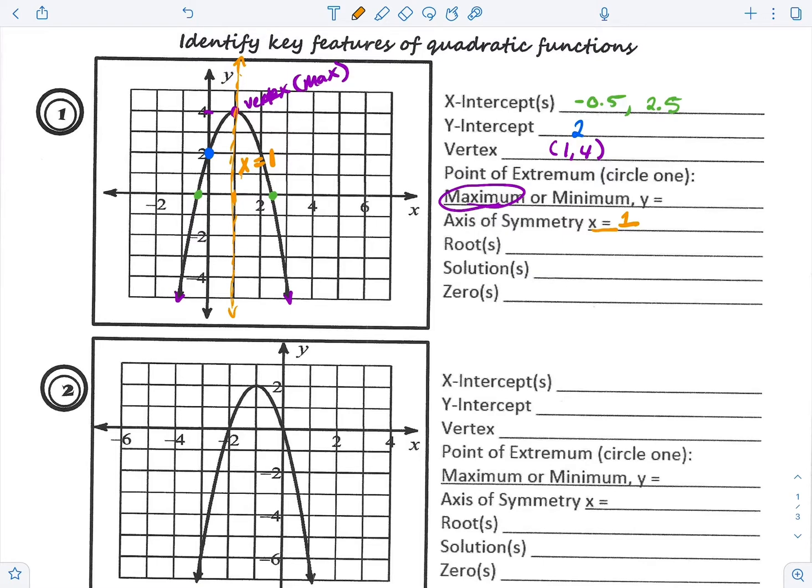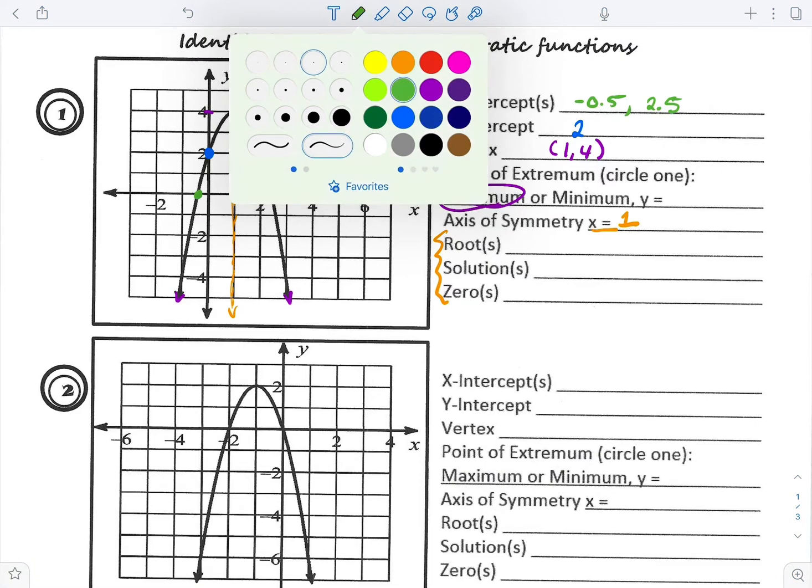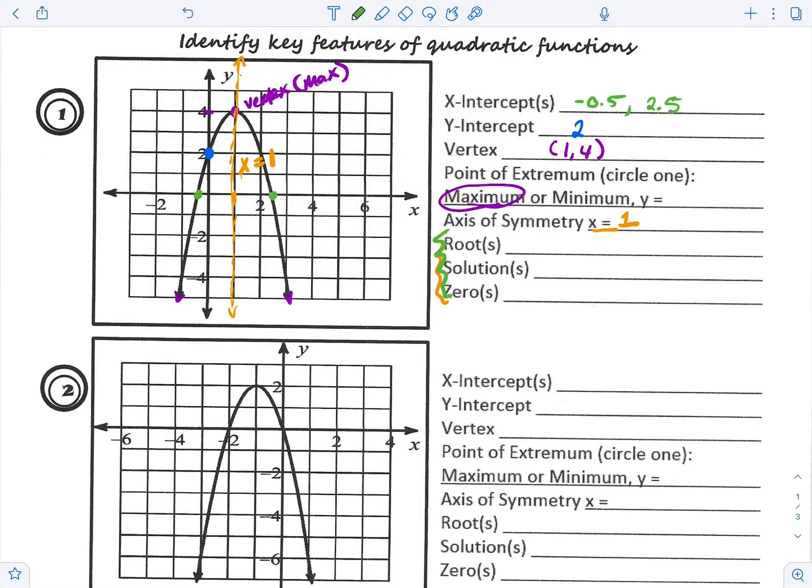All right. So then the next three parts say, what are the roots, solutions, and zeros? If you remember from our notes, roots, solutions, and zeros all just mean the x-intercepts. Well, we already defined them. We said negative 0.5, and we said 2.5.